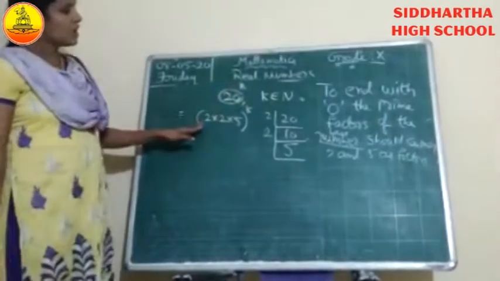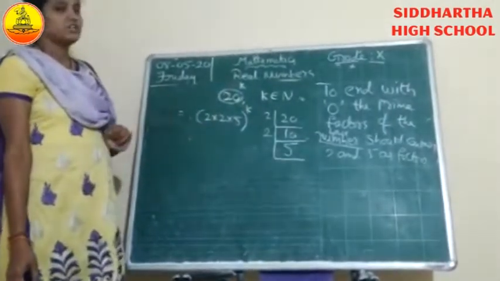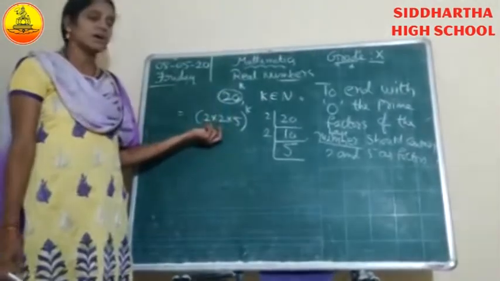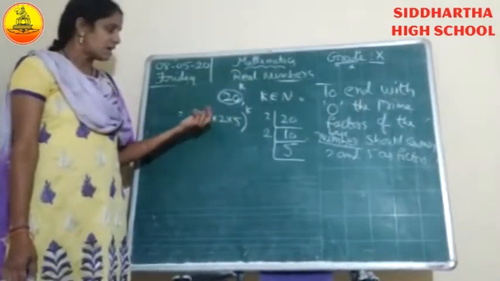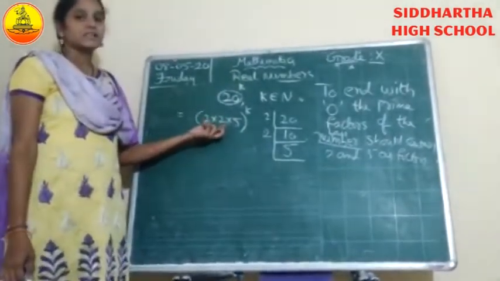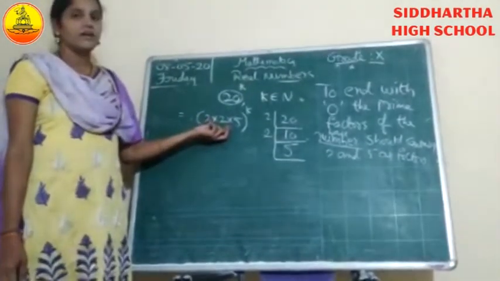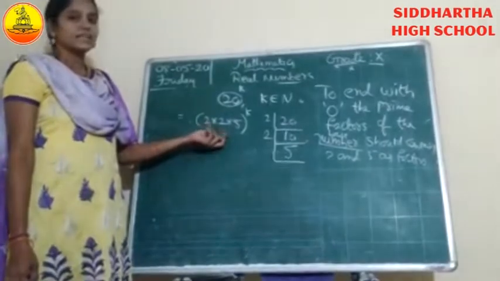Does it end with 0 or not? Yes, it ends with 0 because it contains 2 and 5 as factors. How many times 2 occurs, no need to see. We just have to see whether it contains 2 and 5 as factors or not. So it ends with 0.